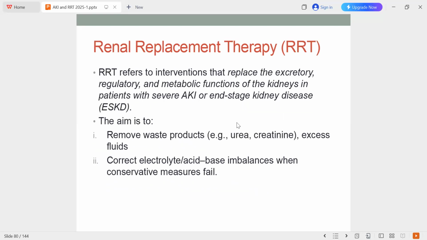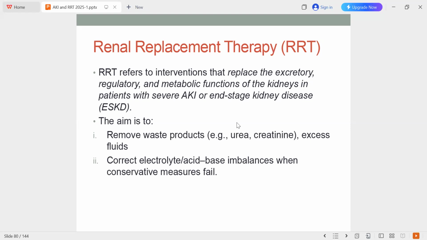Great job. All right. So, renal replacement therapy refers to interventions that replace the excretory, regulatory, and metabolic functions of the kidney in patients with severe acute kidney injury or patients with end-stage kidney disease. Like the name implies, renal replacement therapy is any intervention that replaces the functions of the kidney.